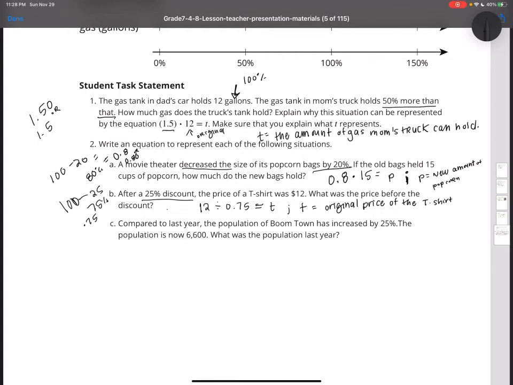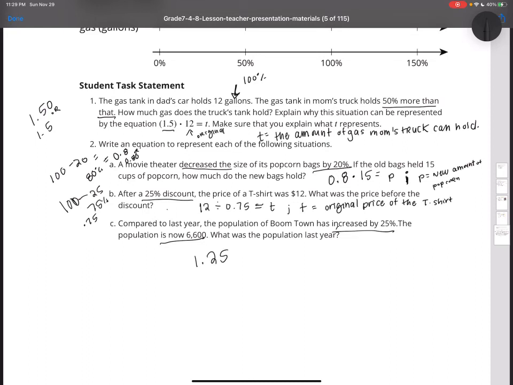Now we're going to look at the next one. It says, compared to last year's price, the population of Boomtown has increased by 25%. The population is now 6,600. Just like this, even though it's a percent increase, the original amount is still missing. But instead of subtracting that 25%, we're going to add it, which would give me 1 and 25 hundredths.